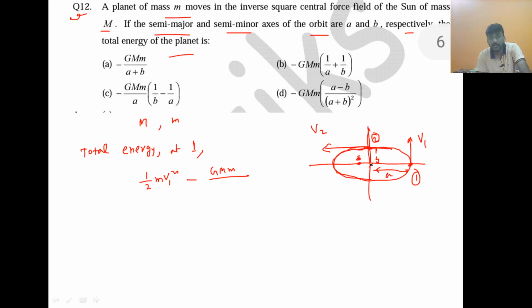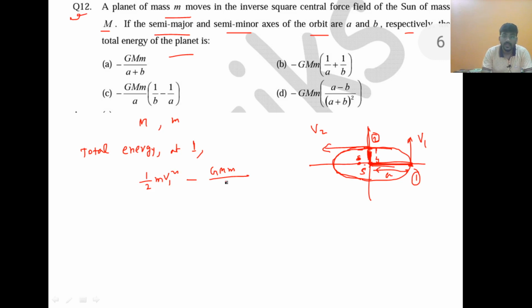Let the sun be here and the planet here. So the distance is measured from this point, and this will be A.